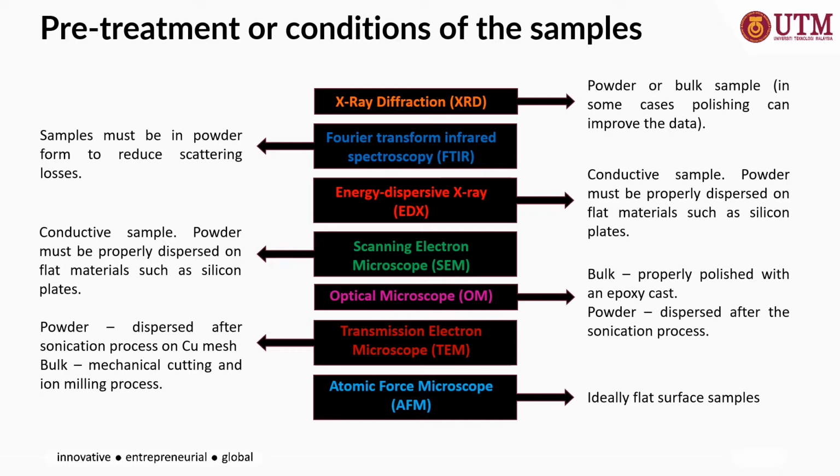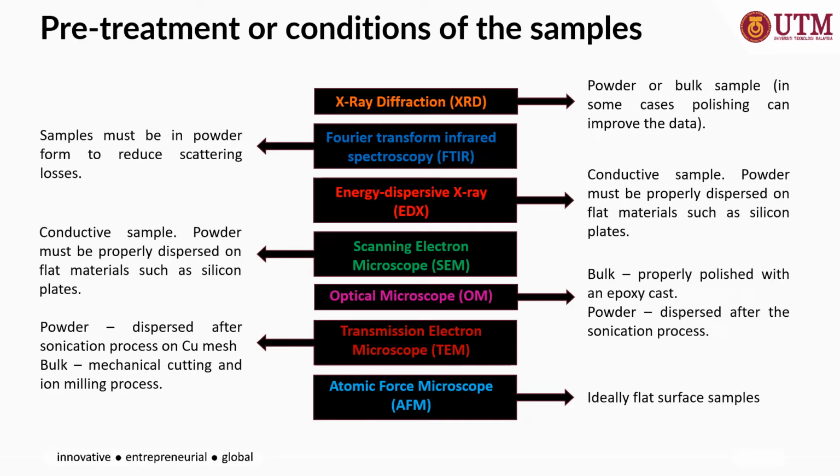For the EDX analysis, basically the sample must be conductive. You can improve the conductivity by use coating, or if you use powder sample, the powder must be properly dispersed on the flat materials such as silicon plates, alumina, or carbon plates.